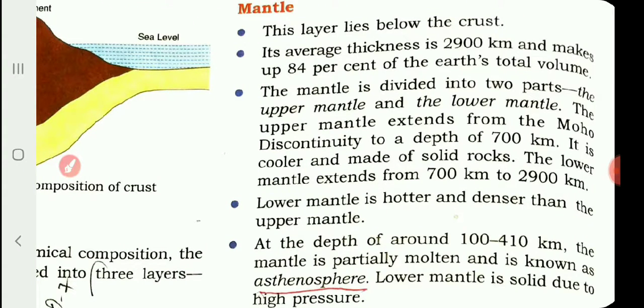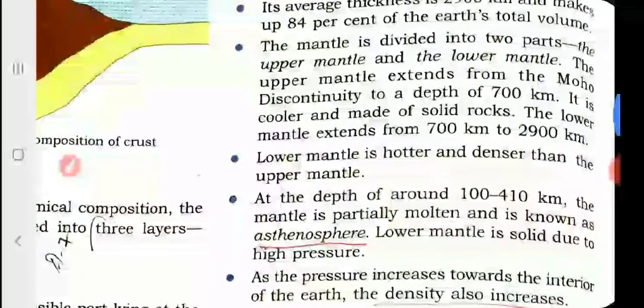Now, this mantle is divided into two parts, upper mantle and lower mantle. After the crust comes the mantle. Upper mantle begins just after the crust, and lower mantle begins just after the upper mantle.